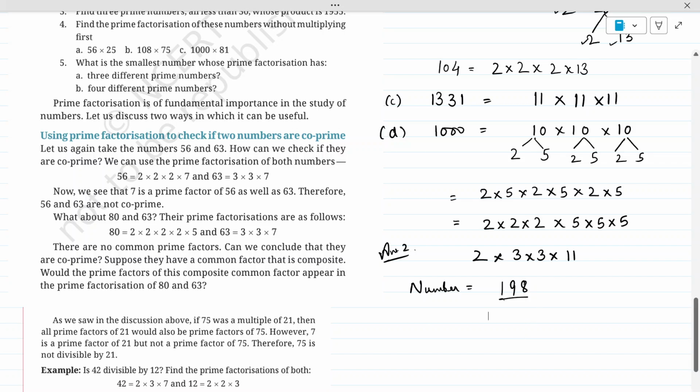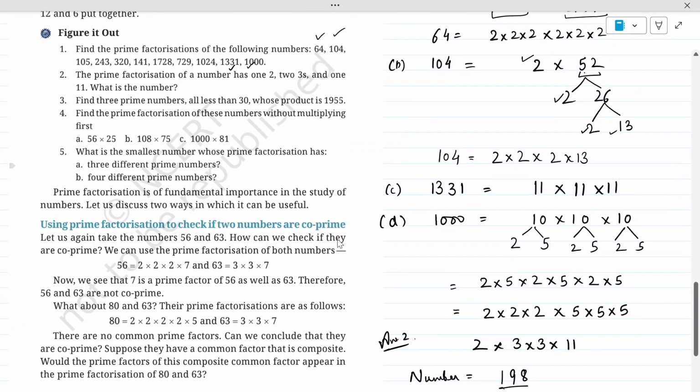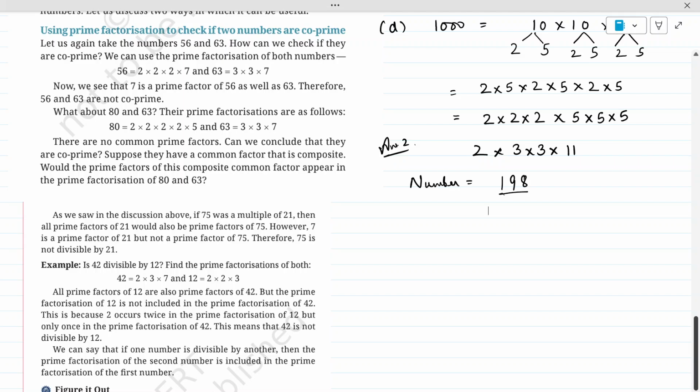Okay. Next, find the 3 prime numbers less than 30 whose product is 1955. Okay. So we want 3 prime numbers, and their product should be 1955, and these 3 numbers should be less than 30.